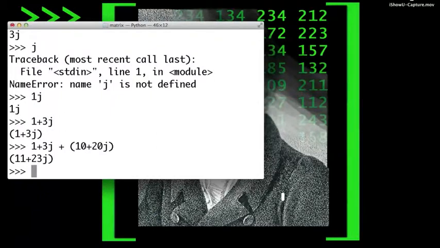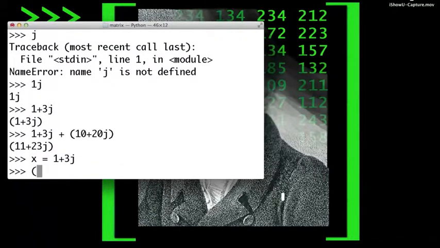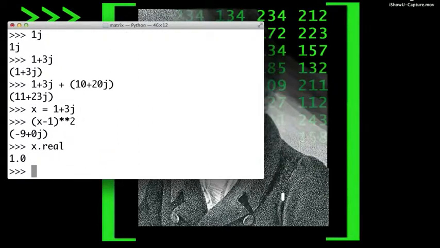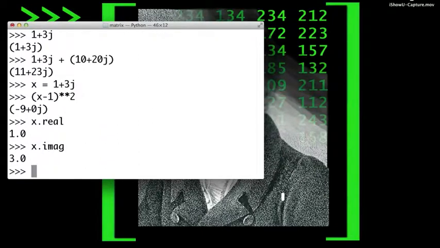We can check our solution to x squared equals minus 9. That works out. We can extract the real and imaginary parts of a complex number using a dot notation. x.real, x.imag.